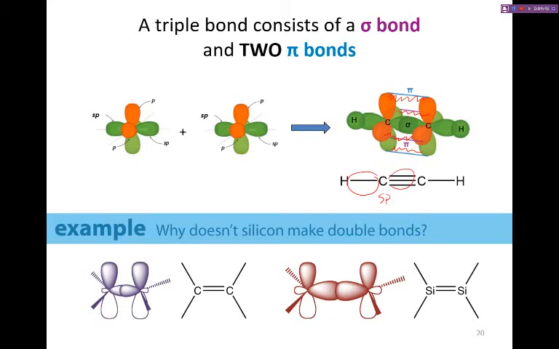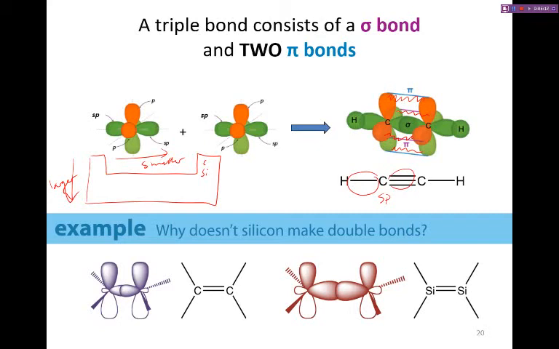One thing to notice about this is that in order for those pi bonds to form, there needs to be sufficient overlap. And we talked about trends of the periodic table, how the elements get larger as we go down and smaller as we go to the right. We might expect that silicon, which is right beneath carbon, would form double bonds.